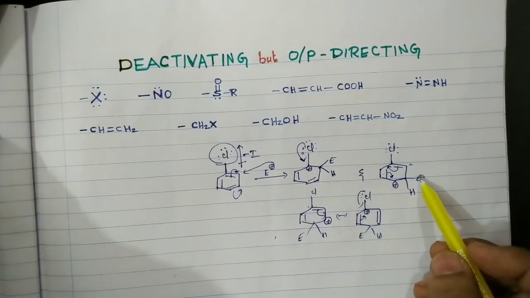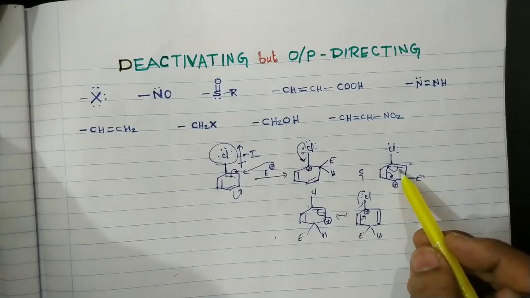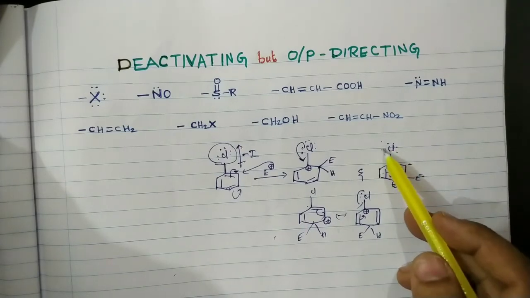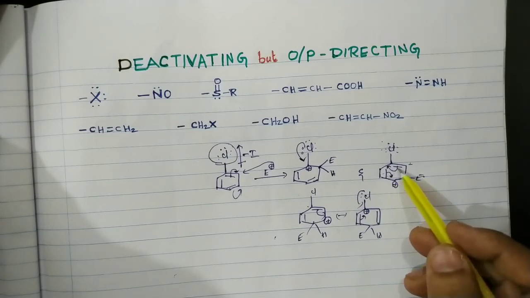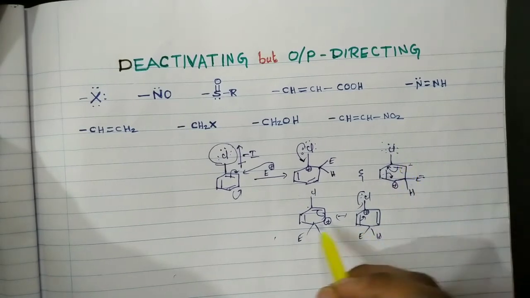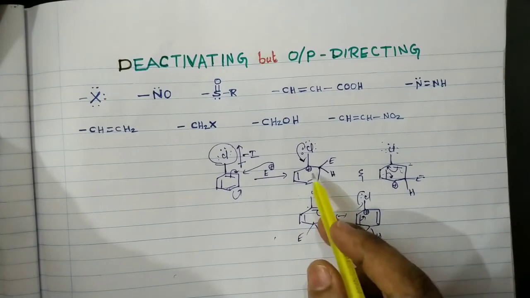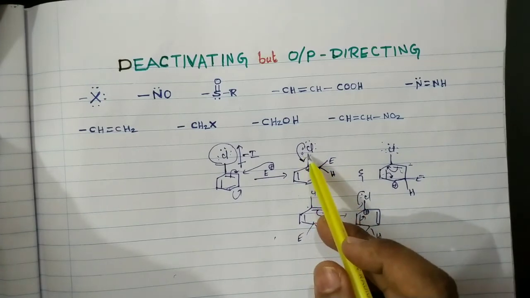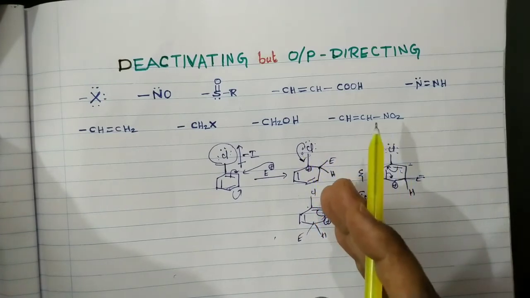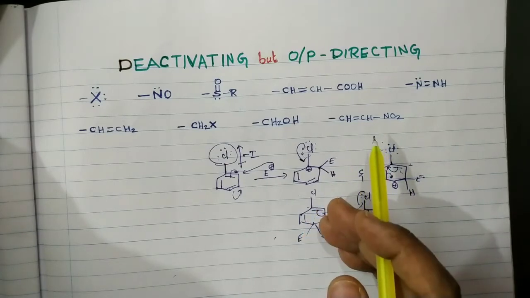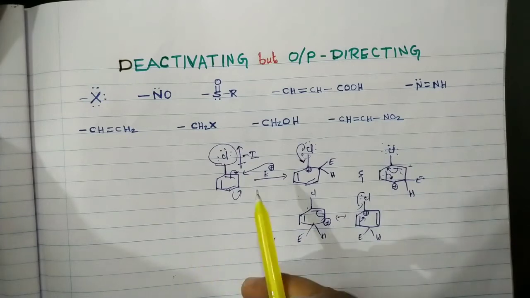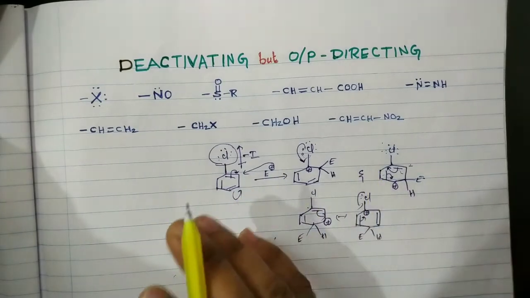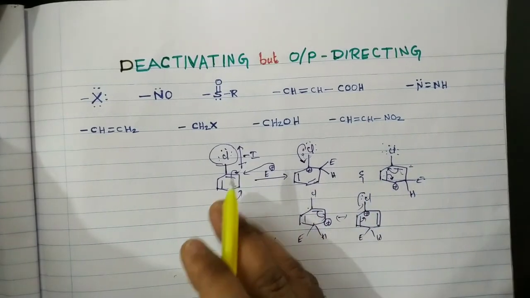But when the electrophile attacks at the meta position, that sigma complex is not stabilized by the plus M effect of the Cl, but it is a little bit stabilized by the pi conjugation, that means two pi bonds. In the ortho and para cases it is stabilized by the two pi bonds as well as by the plus M effect of the halogen. So the sigma complex is more stable when the electrophile attacks at the ortho position and para position. That's why halogens are ortho-para directing but deactivating by the minus I effect.